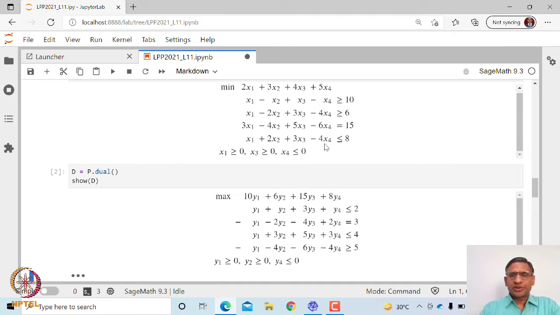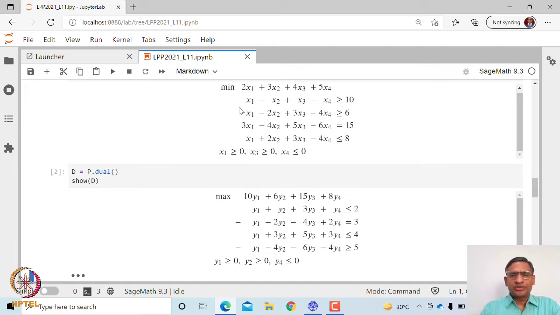So with respect to each of the 4 design variables here, you will get a constraint, and with respect to each constraint in the primal problem, you have a design variable, namely y1, y2, y3, y4.